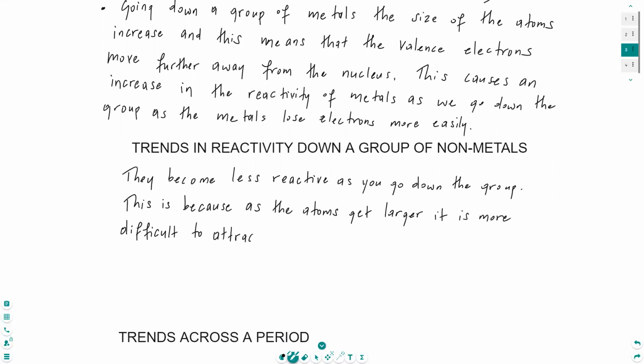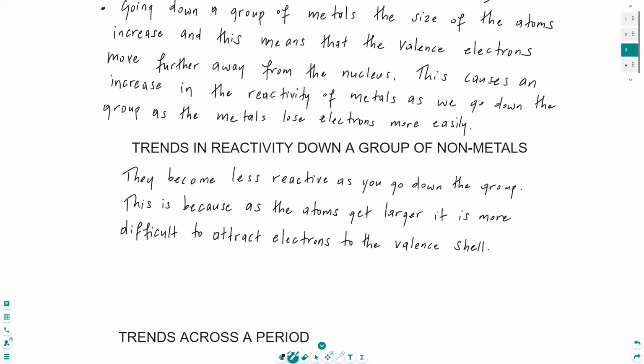So it becomes more difficult to attract electrons to the valence shell. So it is better for the nonmetal to be small than for it to be large, because it's trying to attract electrons, it's trying to gain electrons, right? So remember, for the nonmetals, they become less reactive as you go down the group.